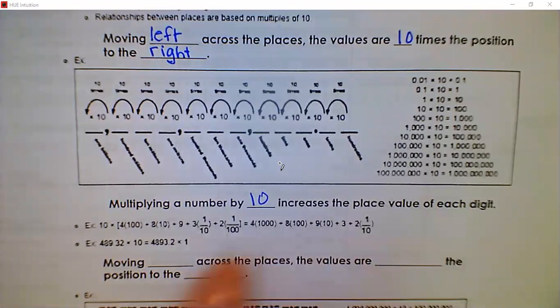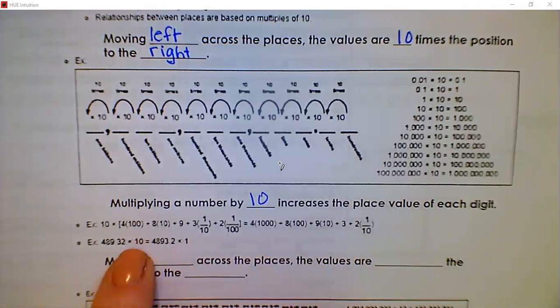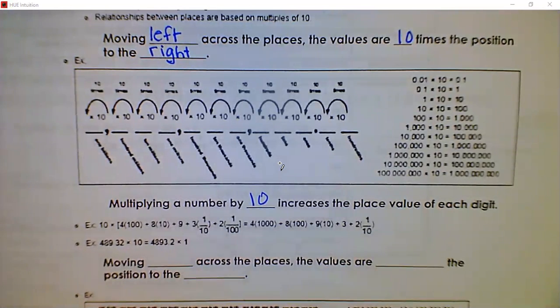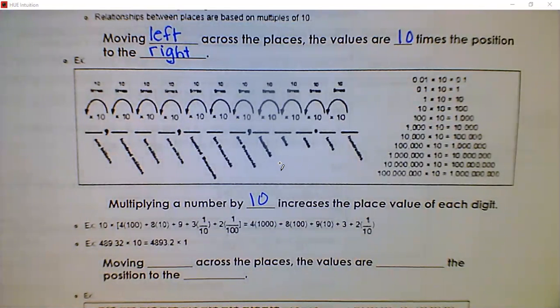That number ends up being 489.32 times 10, which is 4893.2 times 1. Okay? So those are just examples of what multiplying that number by 10 increases the value of each digit to.